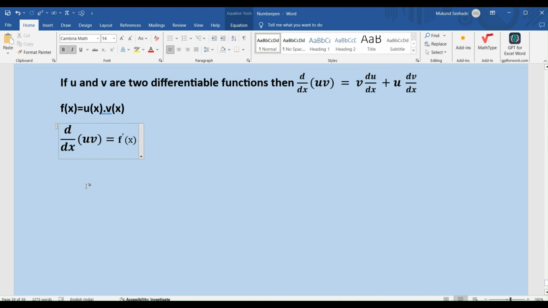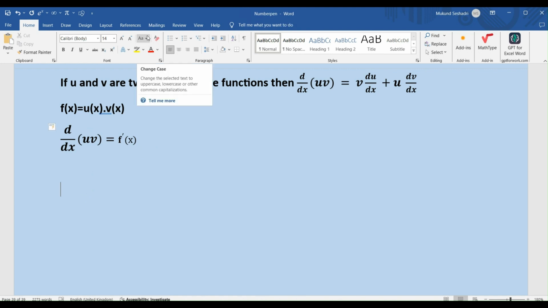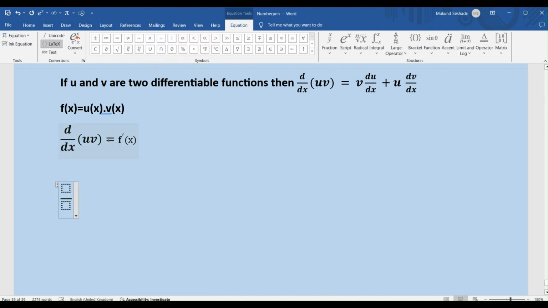So my d by dx of uv is equal to f dashed of x. Why is that? Because my f of x is equal to u of x into v of x, right? So I can further use first principles and write the definition for f dashed of x, right? And my f dashed of x, when I write it as per the definition of my first principles, what do I get?